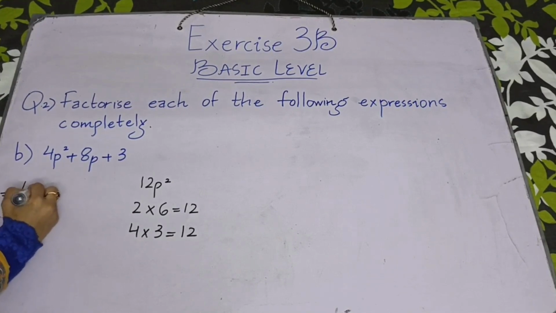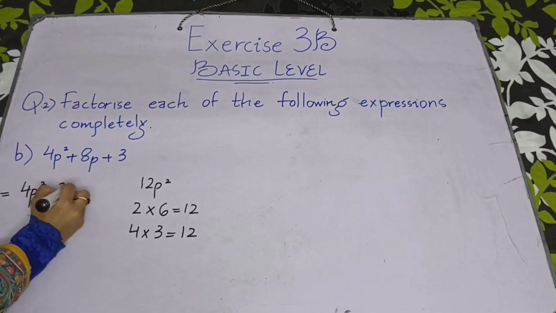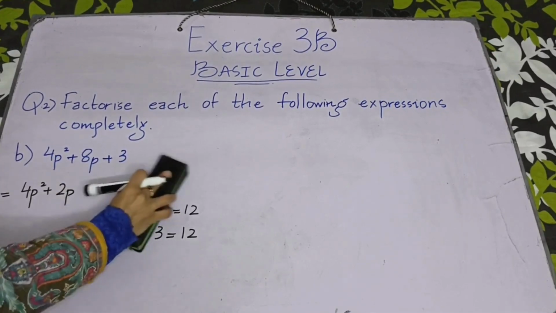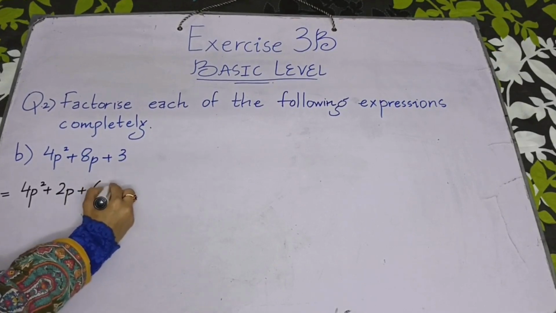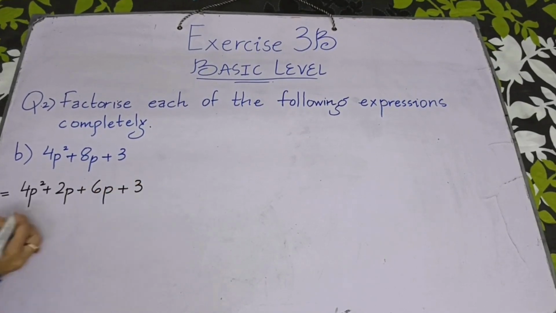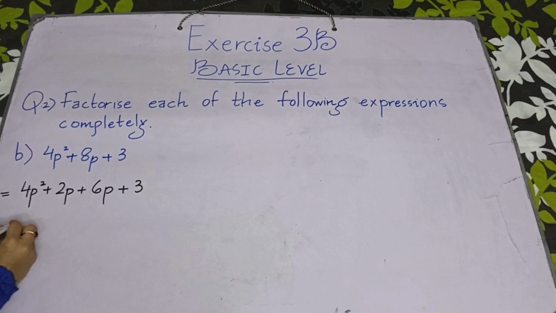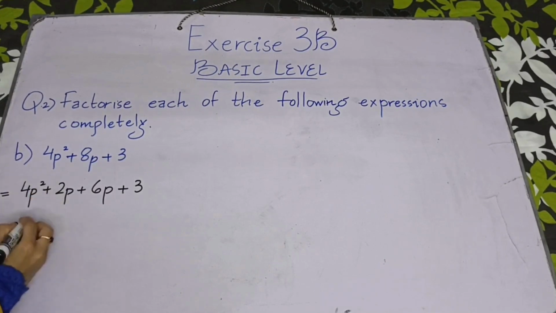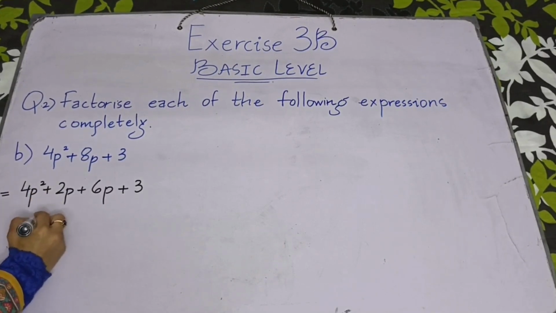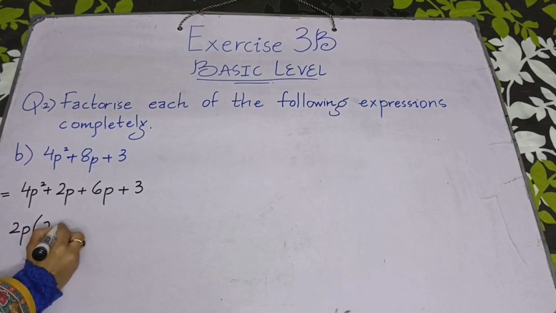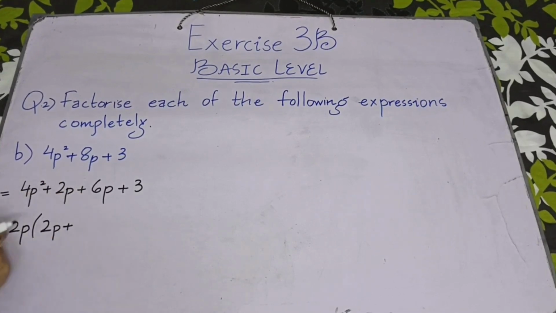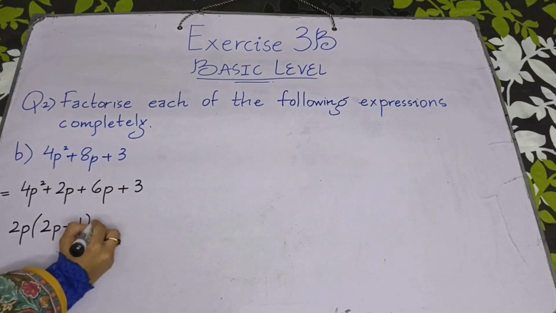4p square plus 2p plus 6p plus 3. We are going to take common. 2 and 4 comes in the 2 table, that is 2, and p square and p, only p will be common. Here in 2 times table 4 comes 2 times, p square, so 1p will be inside, plus 2p is already outside, so 1 will come over here.